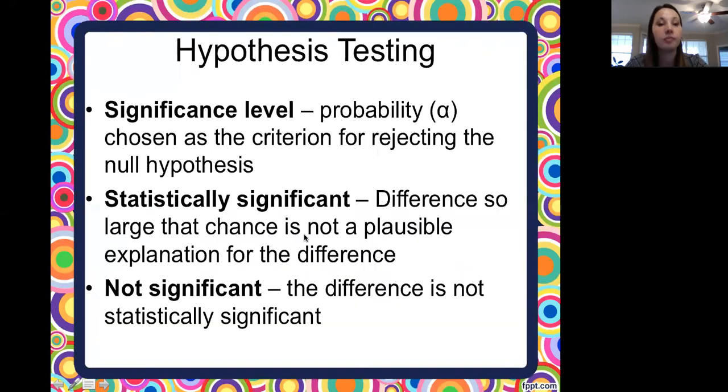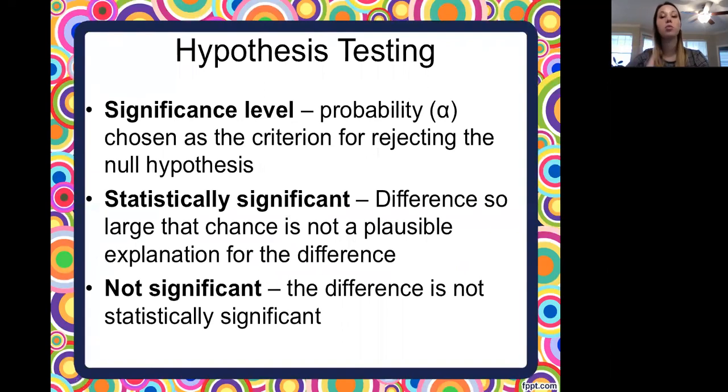All right. So significance level, we've talked about this a little bit already. We choose this before we gather our data, and it begins our rejection region. So our significance level is the point at which our rejection region starts on the normal curve. Statistically significant results are ones that fall within the rejection region.